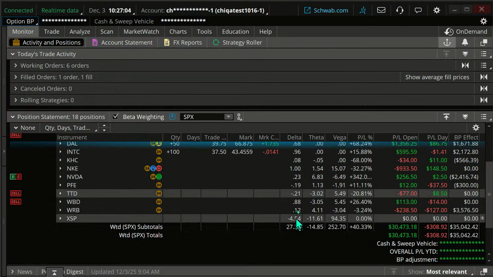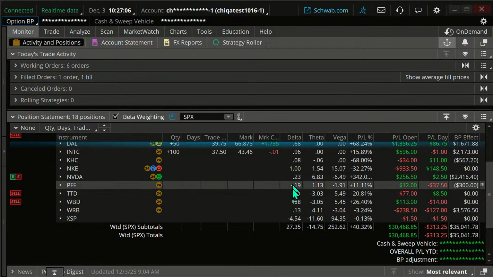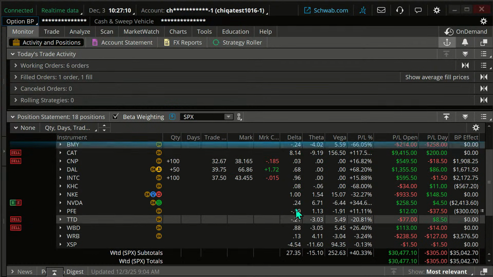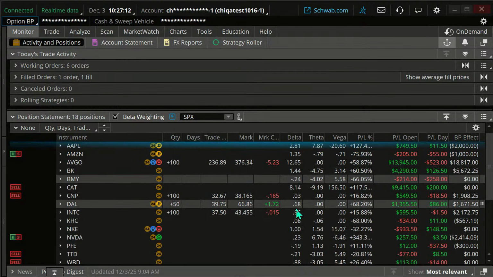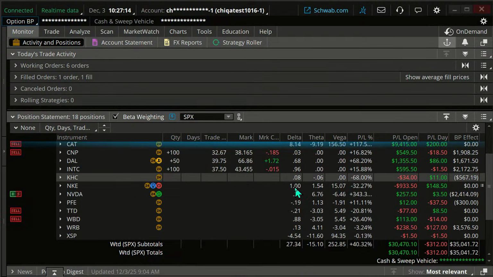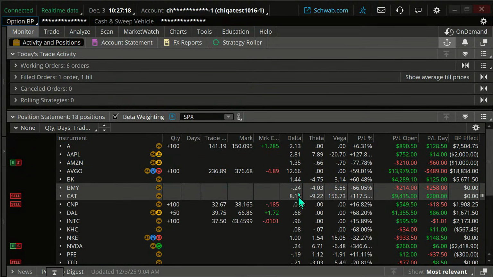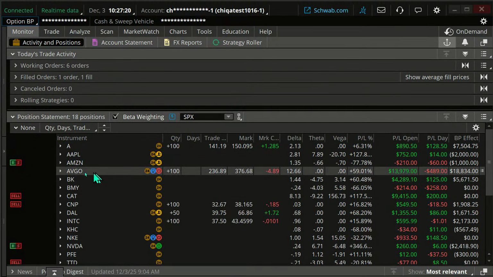You can affect these numbers by adding in trades. You can also affect them by taking off trades. If I wanted to have a big impact on this and lower this immediately, the biggest impact I could have done there was just remove AVGO, remove Broadcom from the portfolio. That certainly would have done that.